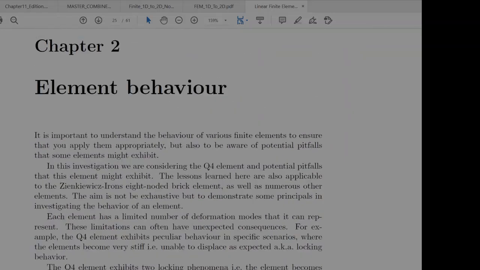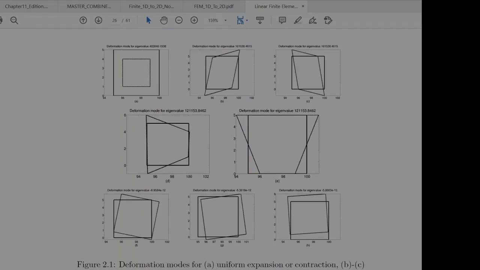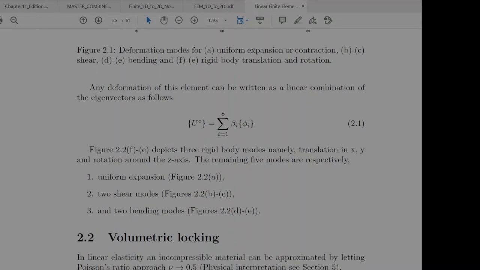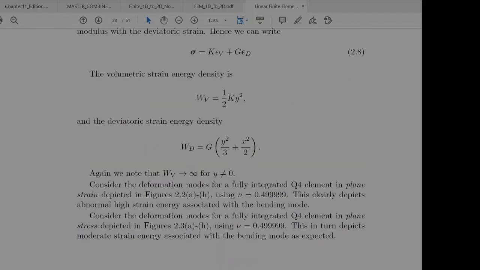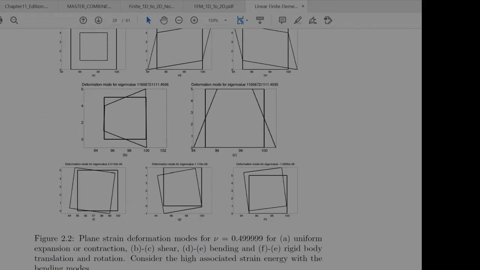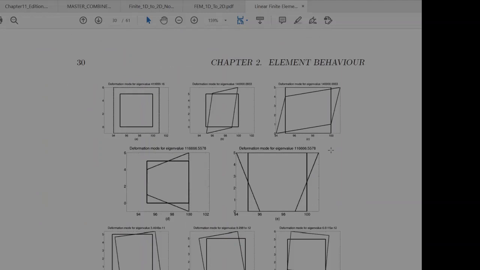And then we looked at element behavior, deformation modes. Here they're just plotted now, but formally with the energies, the eigenvalues at least. Volumetric locking, we looked at that, demonstrating what volumetric locking is all about. Looking at the modes, seeing for yourself that there's chaos, Poisson's ratio going up in the bending. Shear locking, also understanding that this element is trying to represent bending, but there's clearly a change of angle, so that 90 degrees is not 90 anymore.